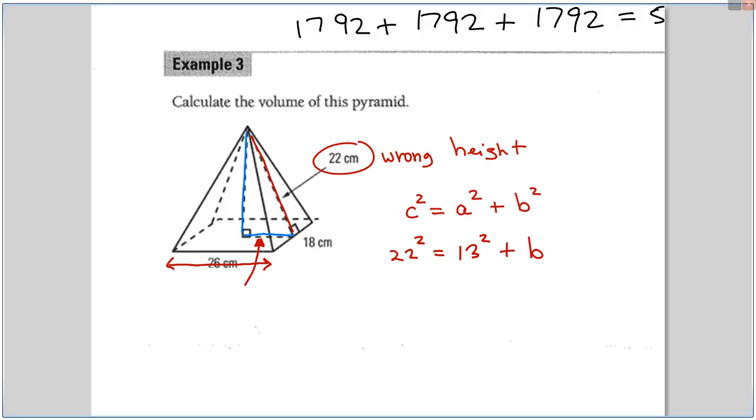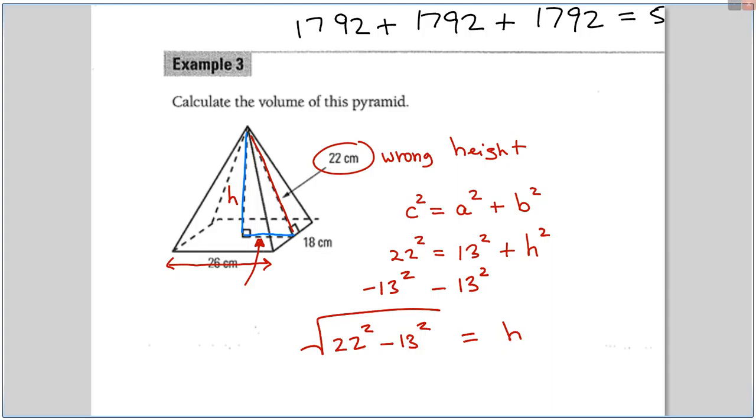Plus this unknown height. Can we call that h? Let's call that h. So in order to solve for this, you have to subtract it out. And then once you get your answer, square root it, okay?